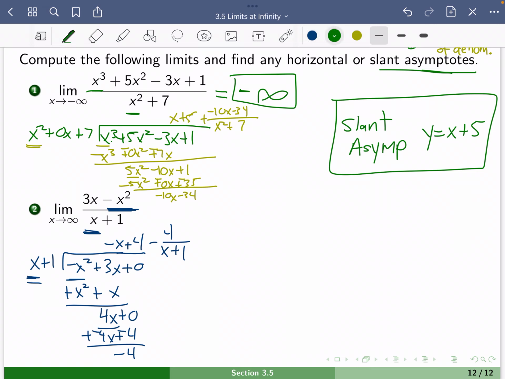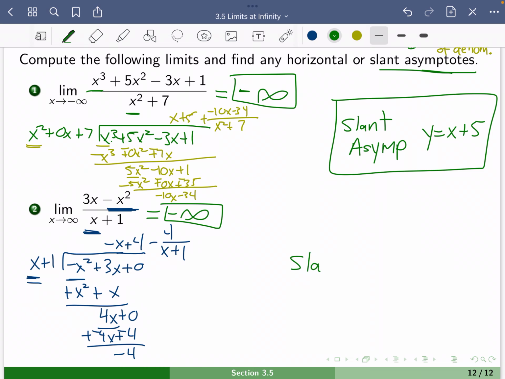And so, if we were to take a look at this limit right here, this term is going to head towards 0. As x goes towards infinity, the negative of x will be negative infinity. So we get negative infinity as an output.